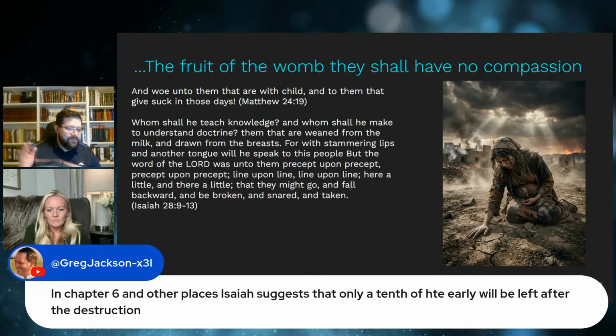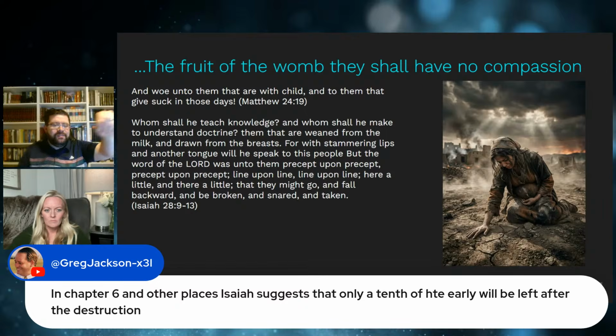So do the math, with children, maybe 6,000 people from all the population that was reduced because of the Assyrian invasion. I don't know if that refers to the whole earth, because the work needs to be done among the nations, so there are going to be other places with population, but at least among God's people, 1/10 survive.